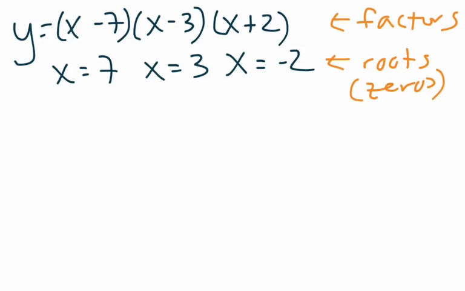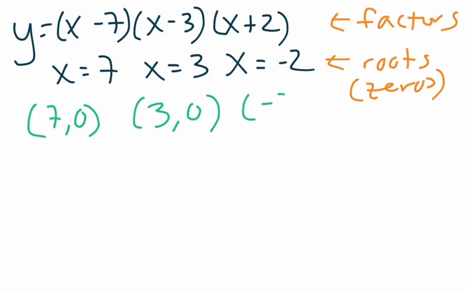Factors are things that are multiplied together. In this case, x minus 7 times x minus 3 times x plus 2. Roots are the actual physical locations of these points where this particular graph would cross the x-axis. You can be asked for factors, you can be asked for roots, and you need to know the difference between them, or you're going to end up answering the question wrong.